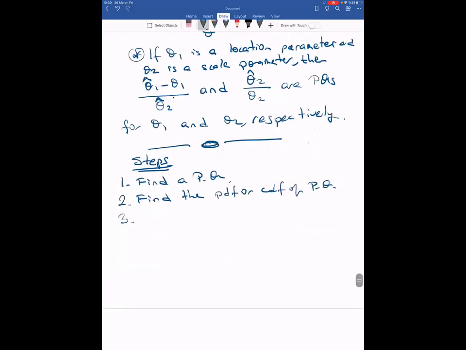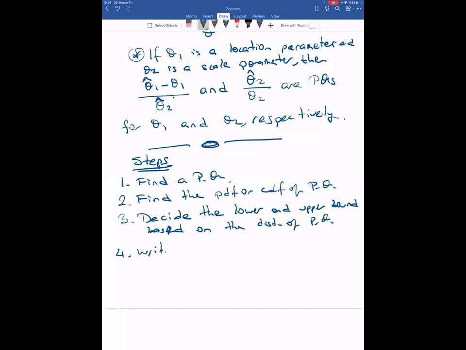Three, decide the lower and upper bounds based on the distribution of PQ.